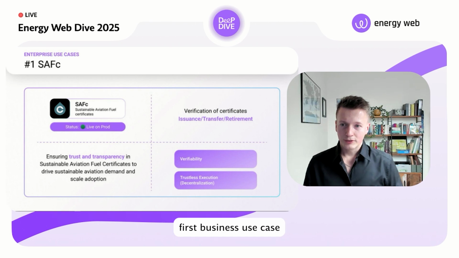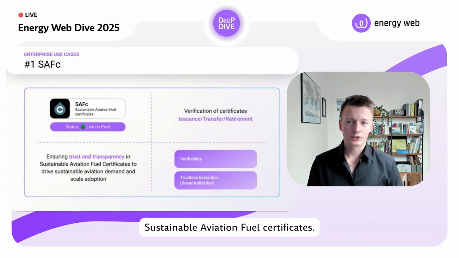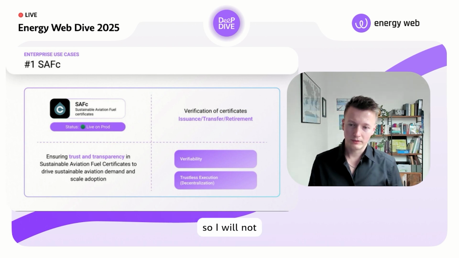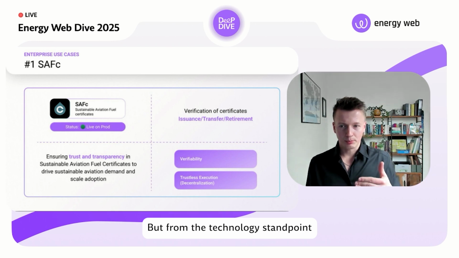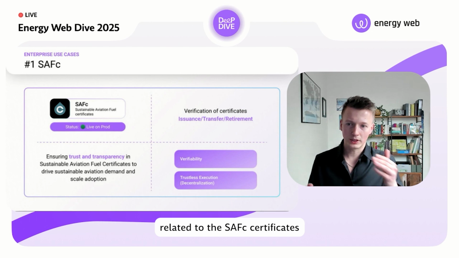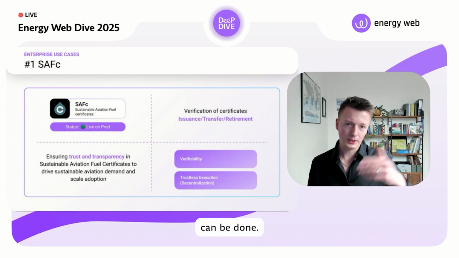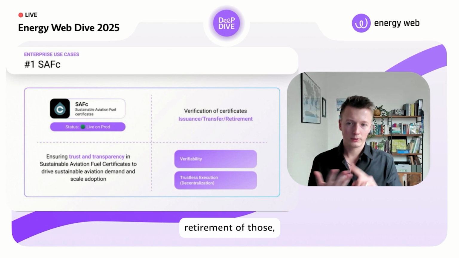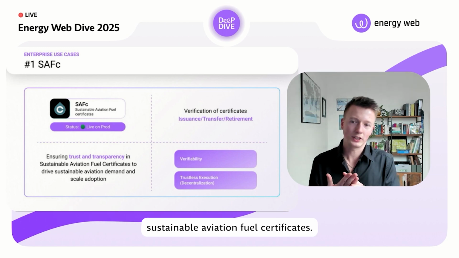So the first business use case is SAFC, Sustainable Aviation Fuel Certificates. There were already multiple presentations about that, so I will not deep dive into the use case. But from the technology standpoint, we have a platform where various operations related to the SAFC certificates can be done. Those operations are issuance, transfer, and retirement of those sustainable aviation fuel certificates.